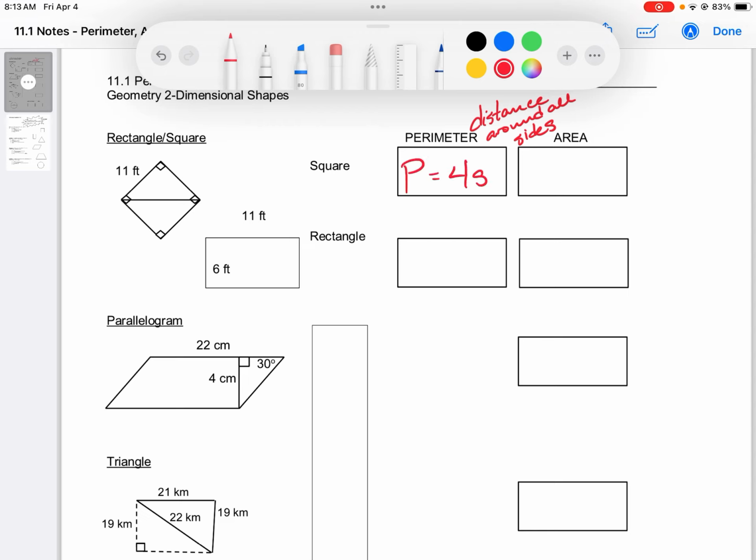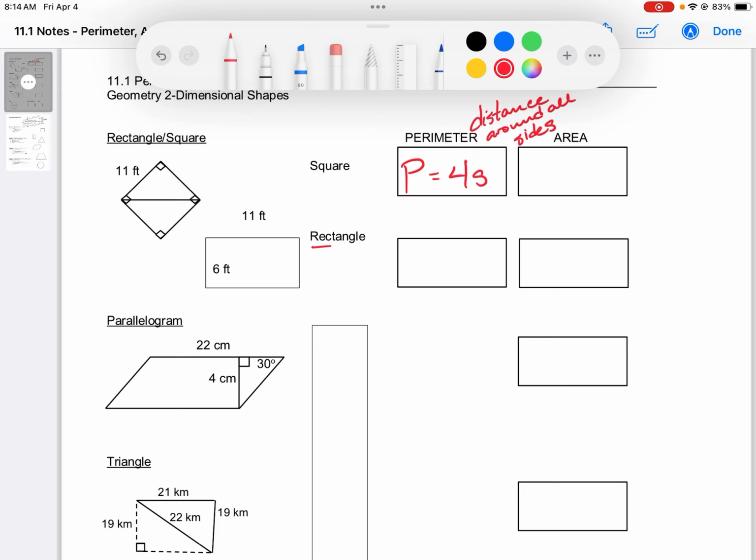So for a square, we can actually use 4s, where s is our side, because all the sides are the same. So 4 times the side is going to be the same as saying side 1 plus side 2 plus side 3 plus side 4. So that's the perimeter of a square.